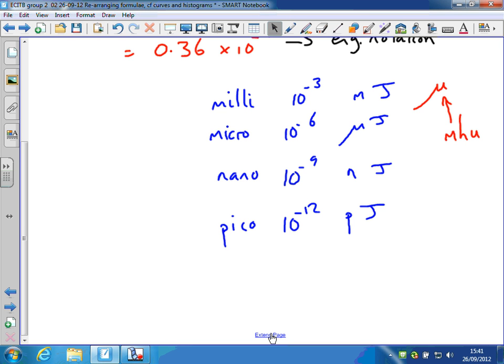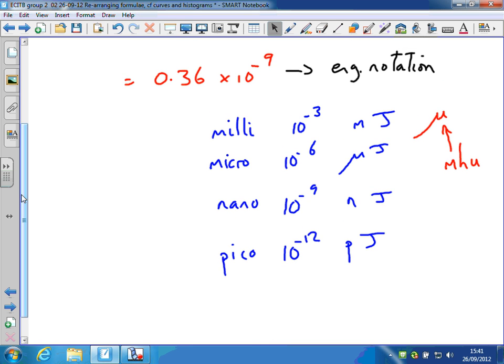So we use small case letters for these. And so this one here, the one that we've been looking at, 0.36 times 10 to the minus 9, could be written as 0.36 nanojoules, or if that's what we're talking about, joules. Okay.